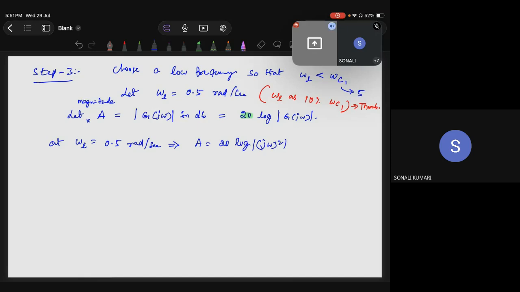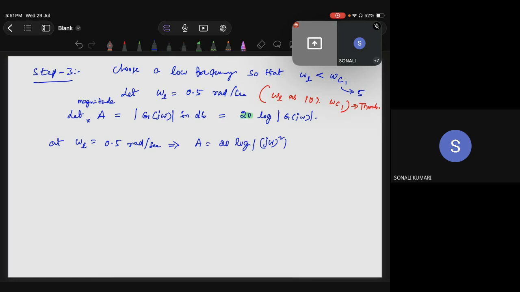No, this has to be Z of j omega squared. Just a minute. Yeah, correct. So this has to be j omega whole square. Directly we take that term only. So that is the first thing.